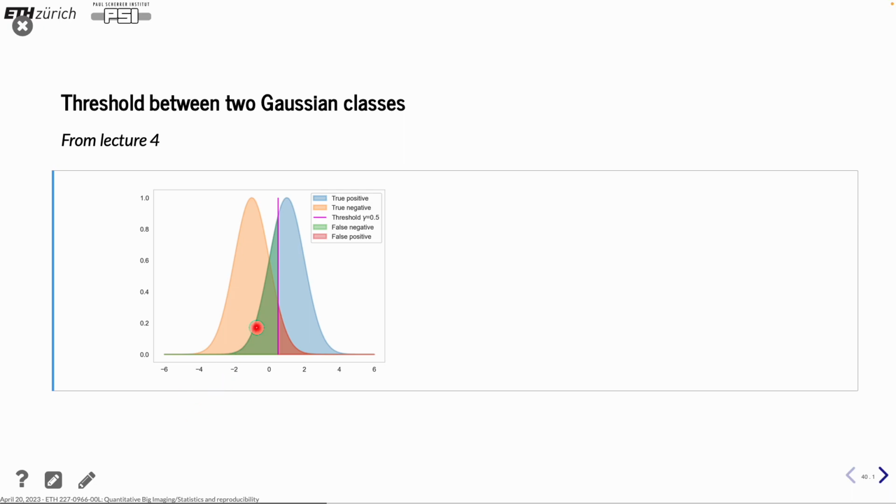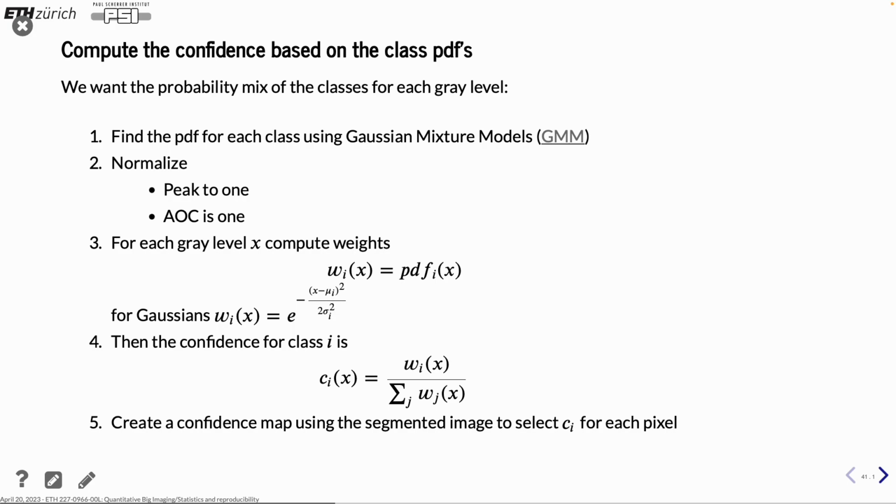And as you can see, if we have a value over here, it's not very sure that we do the right thing. And for that, Peter Moonen introduced this way of computing the confidence values. What we need to do is first find the Gaussians of our different classes, and that can be done, for example, using something called a Gaussian mixture model, which you find in scikit-learn. So in principle, what it's doing is identifying the Gaussians you have with their parameters.